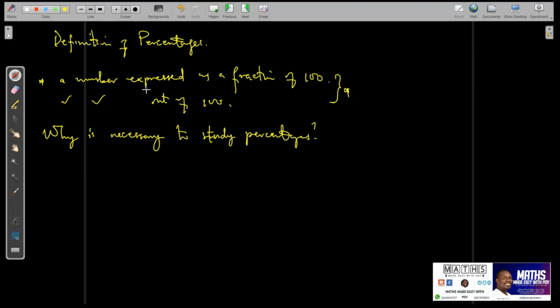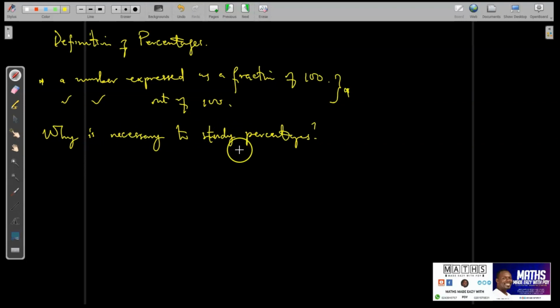I've given you two definitions. It's a fraction written out of 100, or dividing a quantity into 100 parts and taking part of it. That is simply what percentage is.